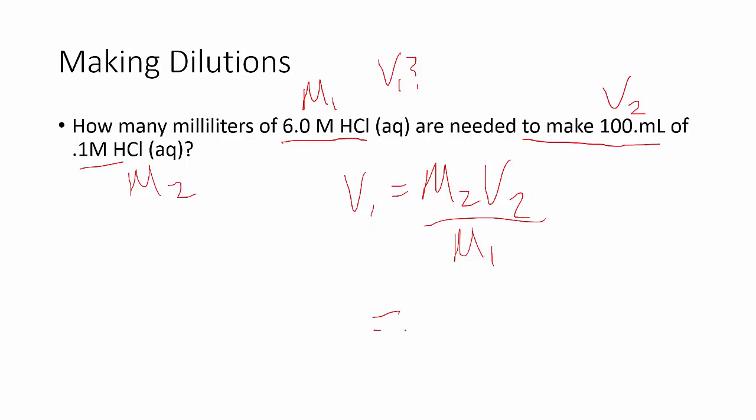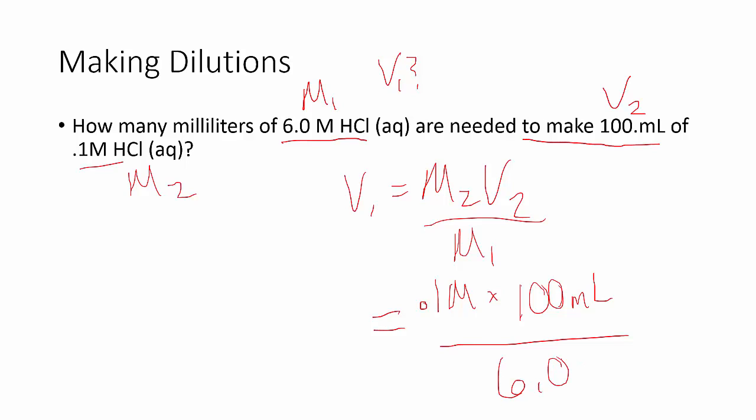Now it's just plug and chug. So much easier than dealing with all those digits and numbers. I just plug them in once and I'm done. So M2, 0.1 molar, times 100 milliliters, all over my initial molarity of 6. I didn't do this math out yet, so what do we get? I get 10 divided by 6.